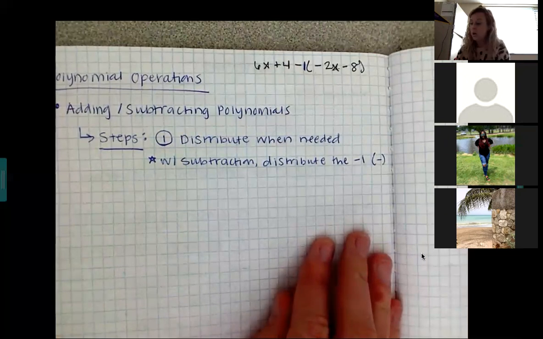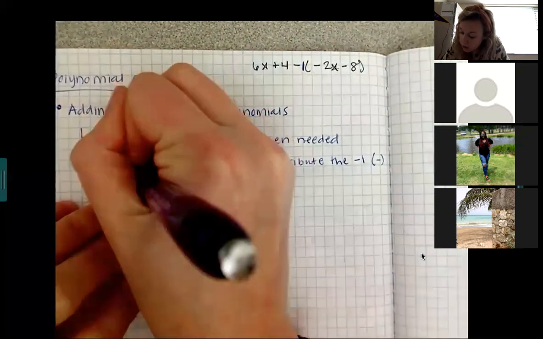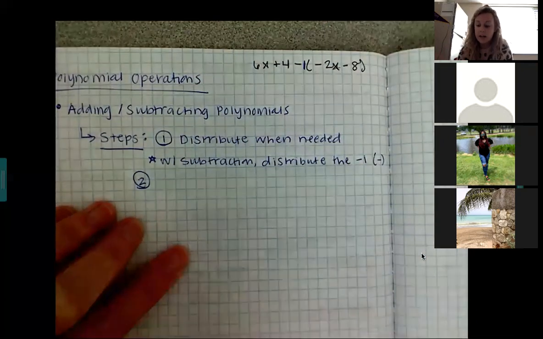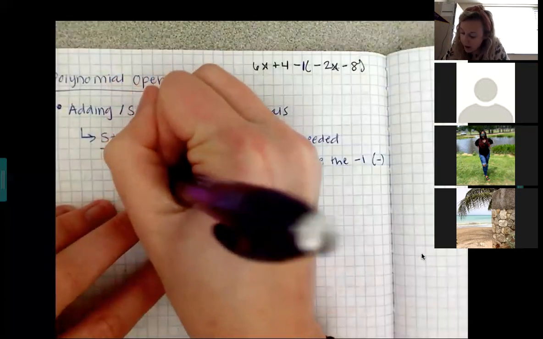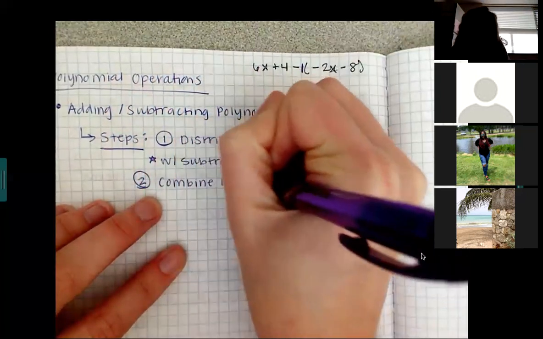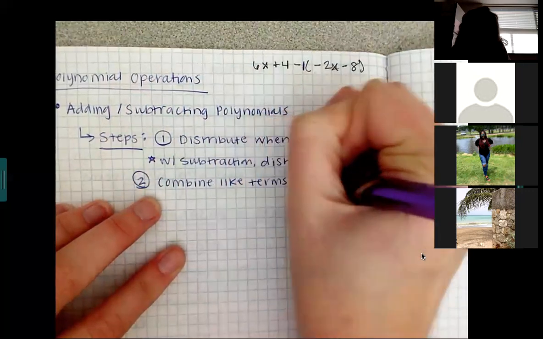Okay? Now, after you distribute, or if you never had to distribute to start with, the only other thing you do when you're adding and subtracting is you combine like terms to simplify.